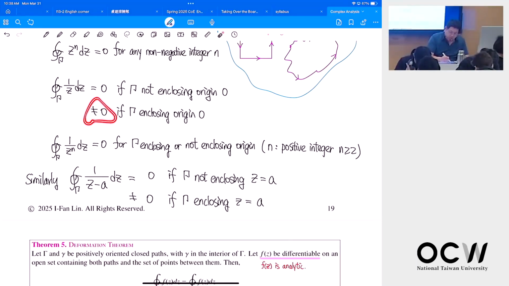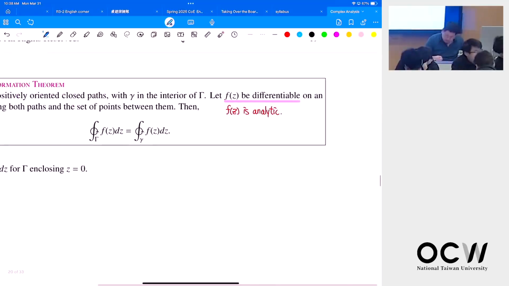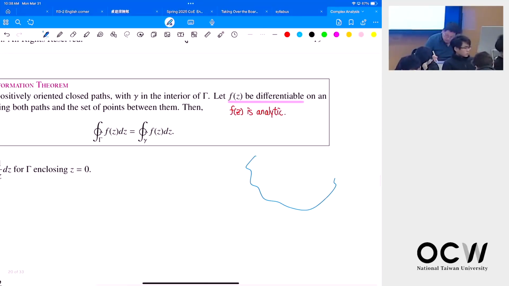So what is this? Here I have closed curve tau, and then inside this closed curve I have a gamma. And inside that is a connected region D.